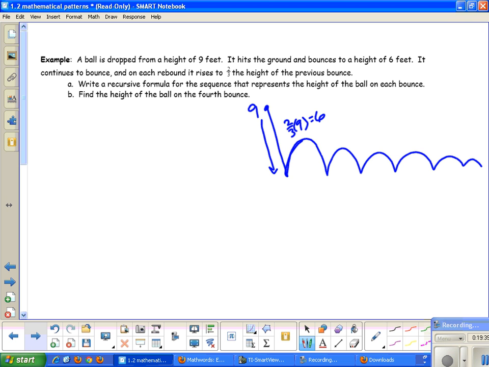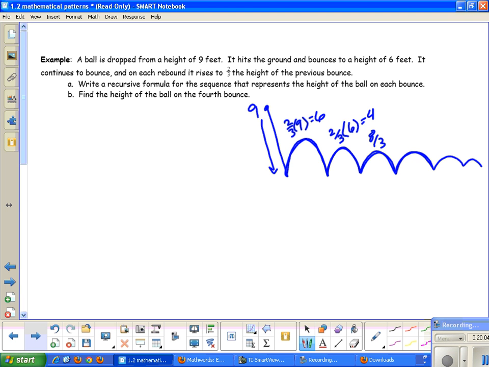So that means I'm going up 6 and then down 6 for my first bounce. Then for the next one, we're doing 2/3 the previous height. So 2/3 of 6 would be equal to a value of 4. So now for the second bounce, I went up 4 and then I had to come back down 4. And then of course I'm going to keep on continuing. So 4 times 2/3 would be 8/3, etc.